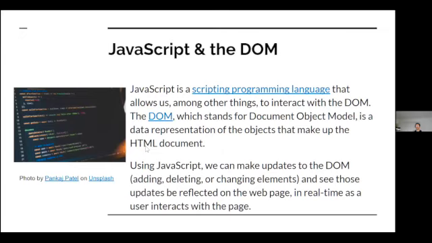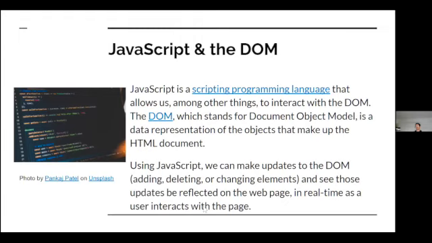Okay, so this slide is JavaScript. So we talked about HTML, CSS, and now JavaScript. It is a scripting programming language. It allows us to interact with the DOM. The DOM, yeah, what's that? It stands for Document Object Model.